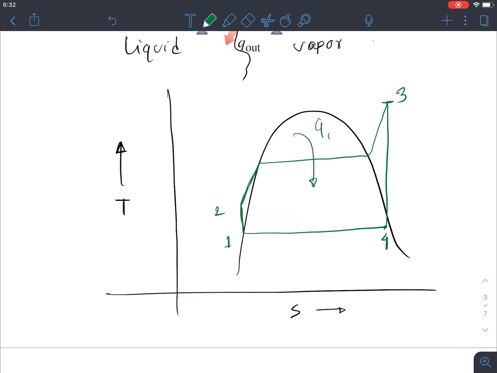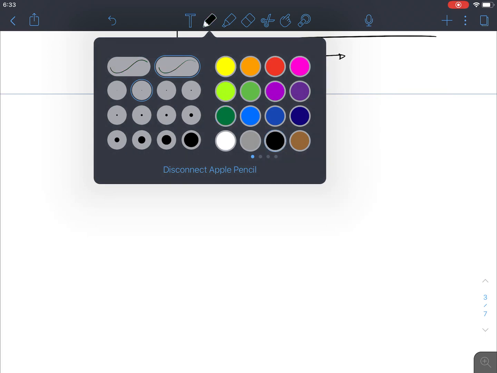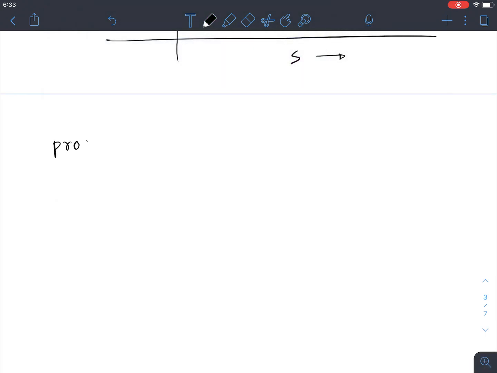Basically the Q in is happening here, and then Q out is right here, and then turbine work 3 to 4, W turbine, and then pump work 1 to 2, W pump. Okay, so now let's analyze this diagram. The first thing is the process 1 to 2, which is the pump, right?